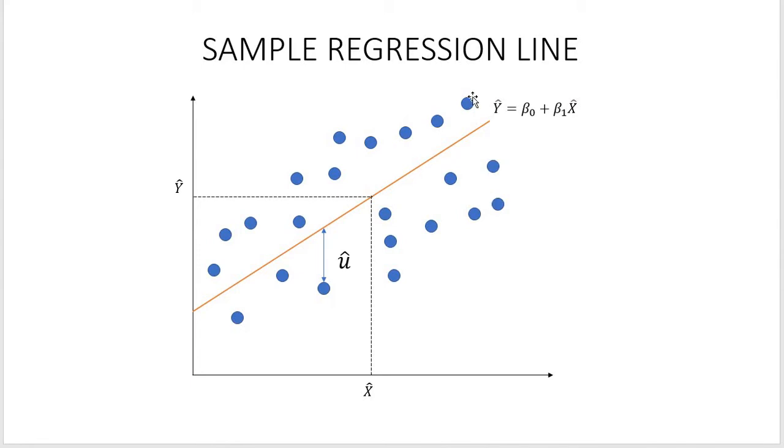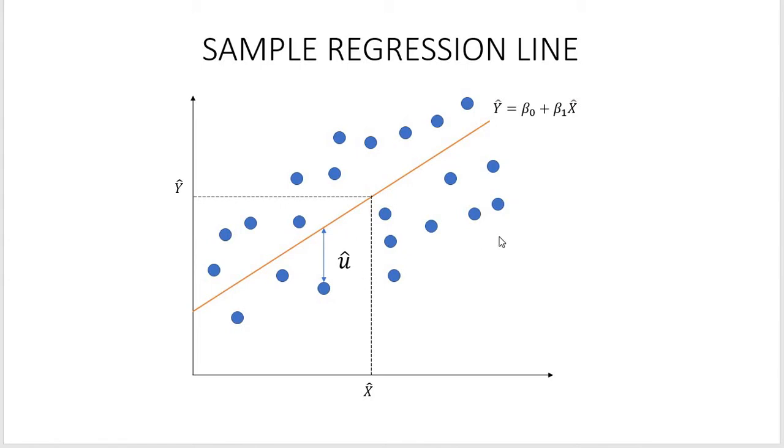Also, keep in mind that we are not really interested in the direction of this difference. For us, it does not really matter whether the empirical value of y is above or below the estimated value. It's all about magnitude. If we are interested only in magnitude, and we can neglect the direction, let's say the sign of this deviation, to ignore whether it's positive or negative, we shall square the stochastic error term.